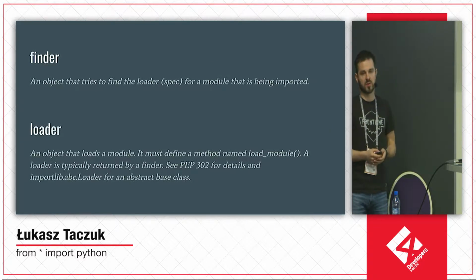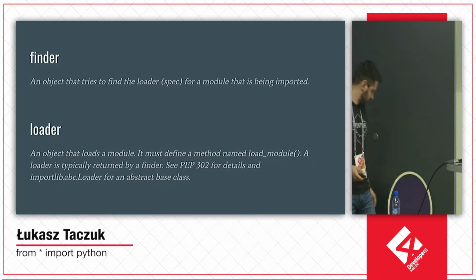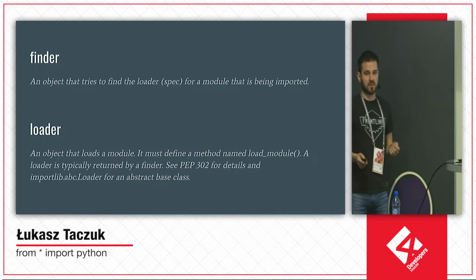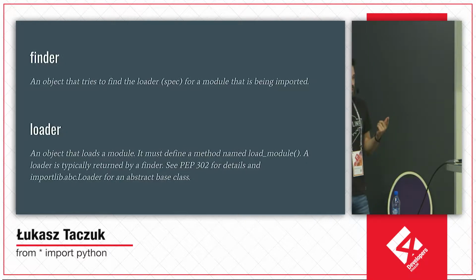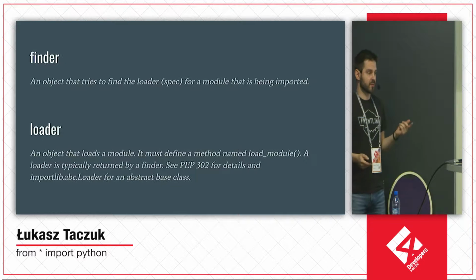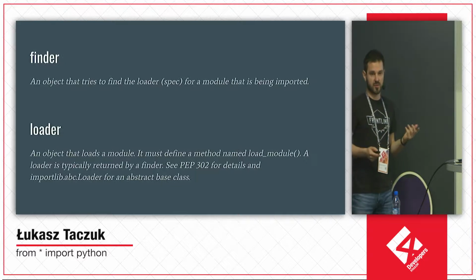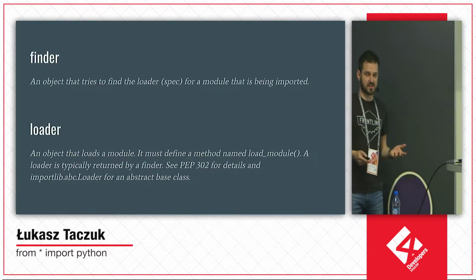What we need to know if we want to do custom importing and use import hooks is first what a finder and a loader are, because that's what the import machinery uses to import the modules. So first, the finder. The finder is an object that has several methods implemented.